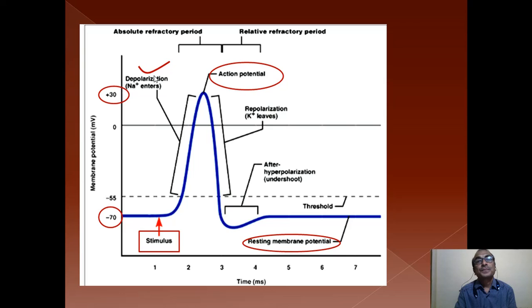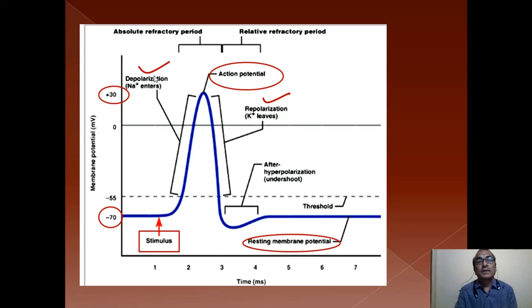And then again, repolarization takes place. So that is how the membrane potential comes down again below 0, and some more information is there in this diagram. Minus 55 is a threshold level of the membrane potential needed for any kind of action taking place.